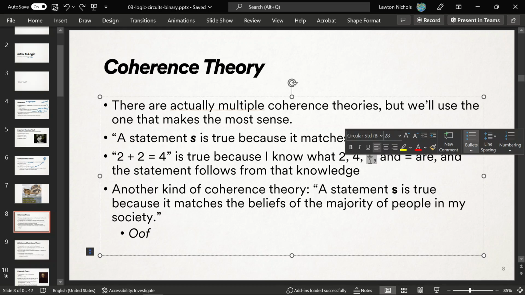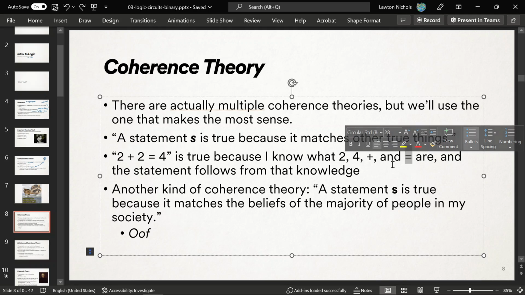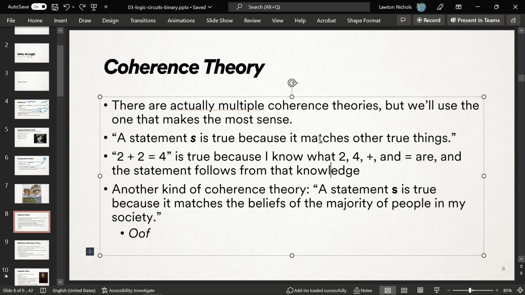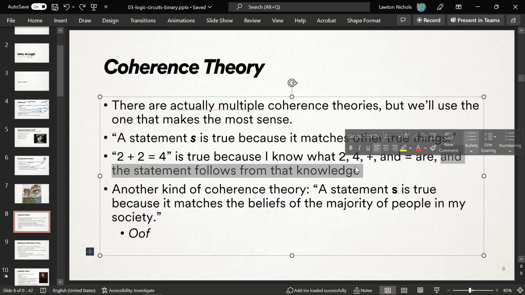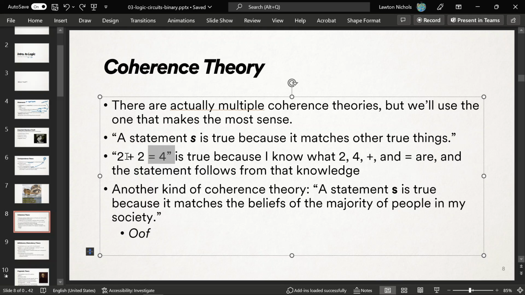I know what plus does to numbers. I know what equals does to numbers. And from that, it matches those true things that I understand about addition, about equality, about physical symbols of numbers. So therefore, from my knowledge, this statement makes sense. It's true. It follows, we say. Okay?